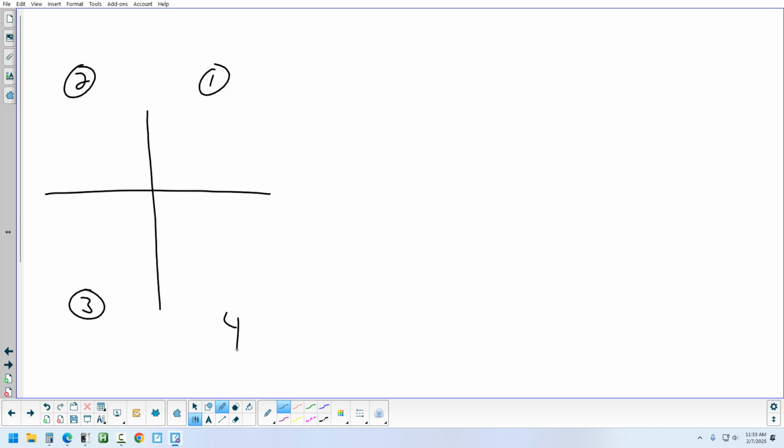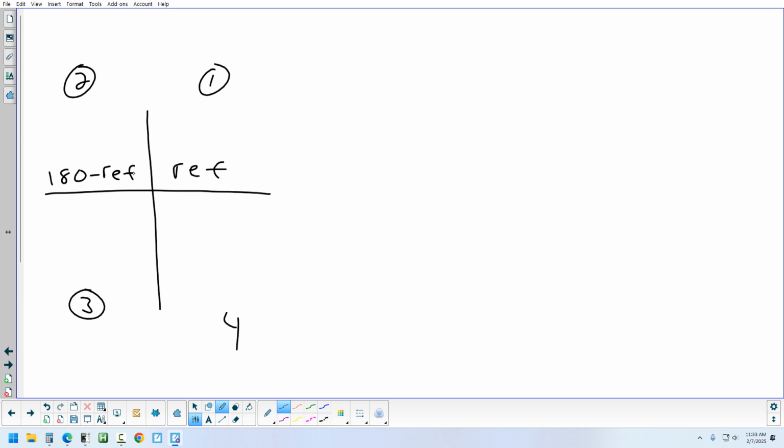We had different formulas in each quadrant once we knew our reference angle to figure out an angle in that quadrant. In quadrant 1, it was just the reference angle. You didn't have to do anything special. Does anybody remember in quadrant 2 what the formula was? 180 minus the reference angle.